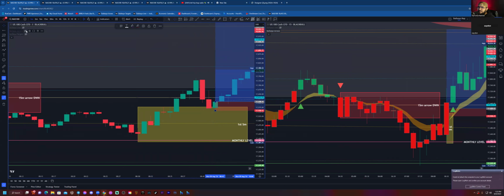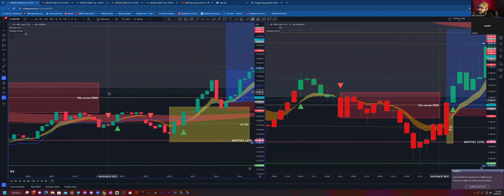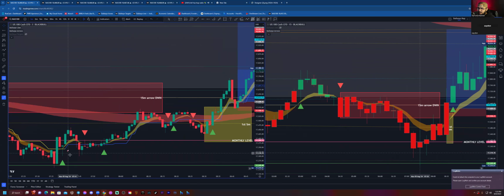Now, if you look at your arrows, you had a green arrow right here, which we ignored because we have a red cloud and a red arrow on 15. All right, if we look at our line, we see that we had a rocket way back here at 741.